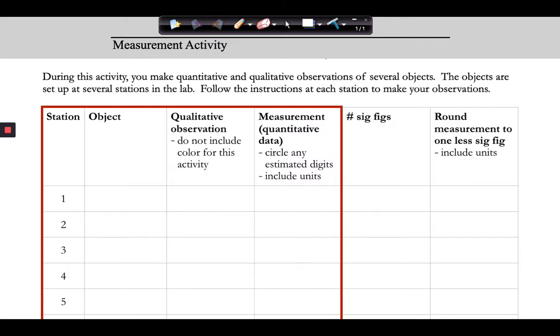Then guys, after that, you are actually going to record the measurement that's being requested. But guys, just like we did with the activity, the little demonstration, it's going to be the measurement. If it's measured against a scale, then guys, it's going to be with an estimated digit, and you're going to circle the digit that you estimated and then put units on your numbers.